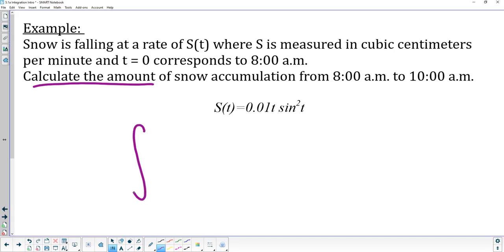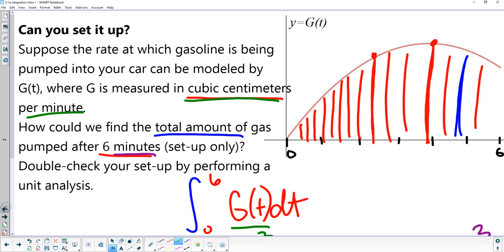What do you want your a, your limit of integration, to be on the bottom? 0. All right, now what is S of t measured in? So where do you think I want to end? Don't say 2. Good. Remember, you need your units to match so that you get that cancellation, right?